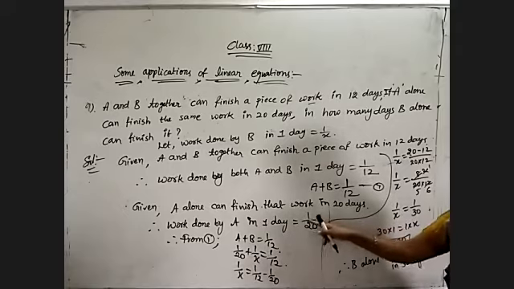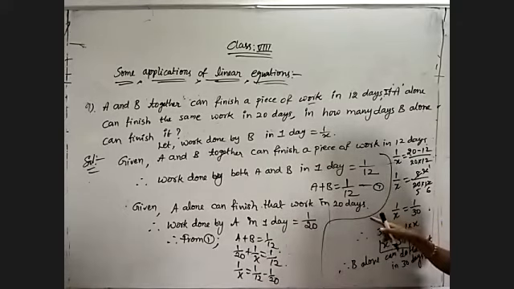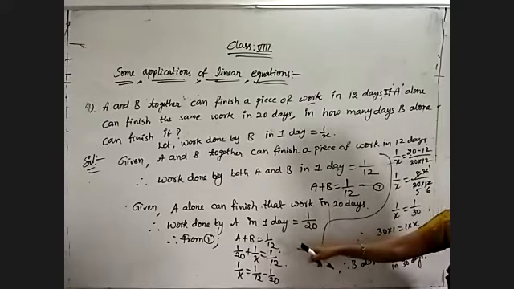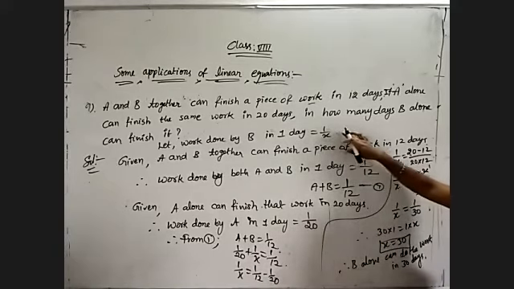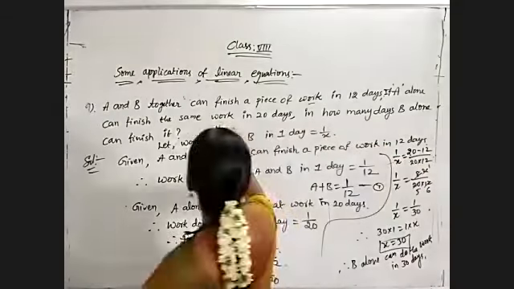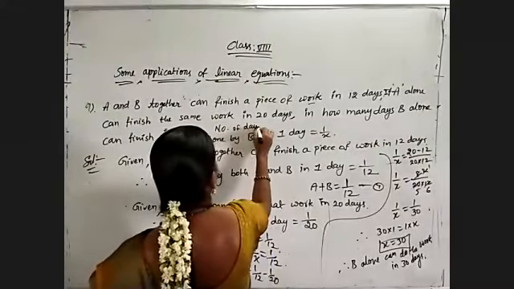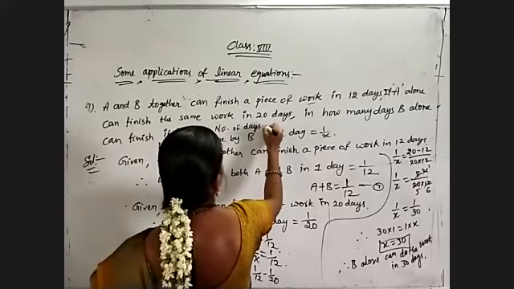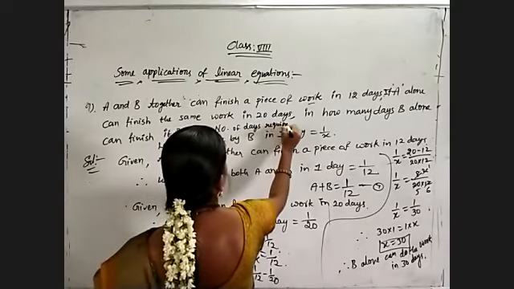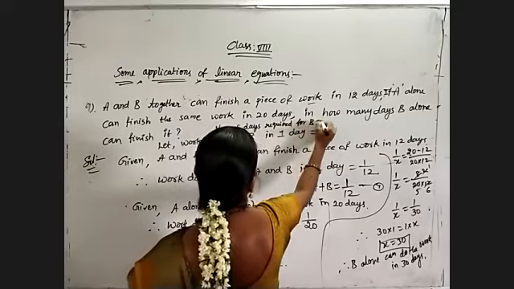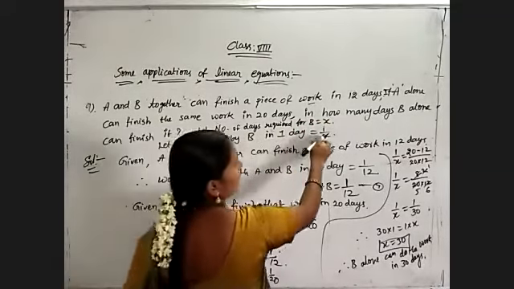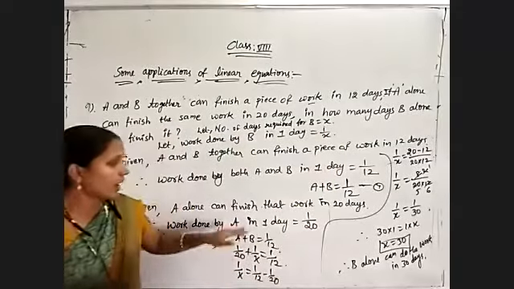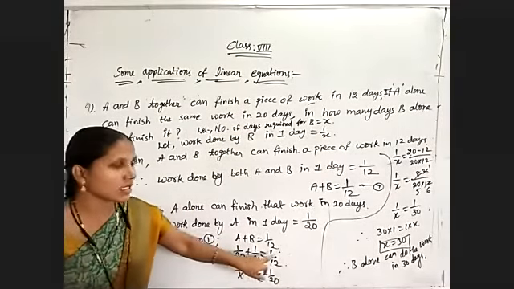Now, A alone can finish the same work in 20 days, given. So, work done by A for 1 day is equal to 1 by 20. Same like that only, work done by B in 1 day is equal to 1 by X. That means let number of days required for B is equal to X. Then work done by B in 1 day is equal to 1 by X. So 1 by 20 plus 1 by X is equal to 1 by 12.